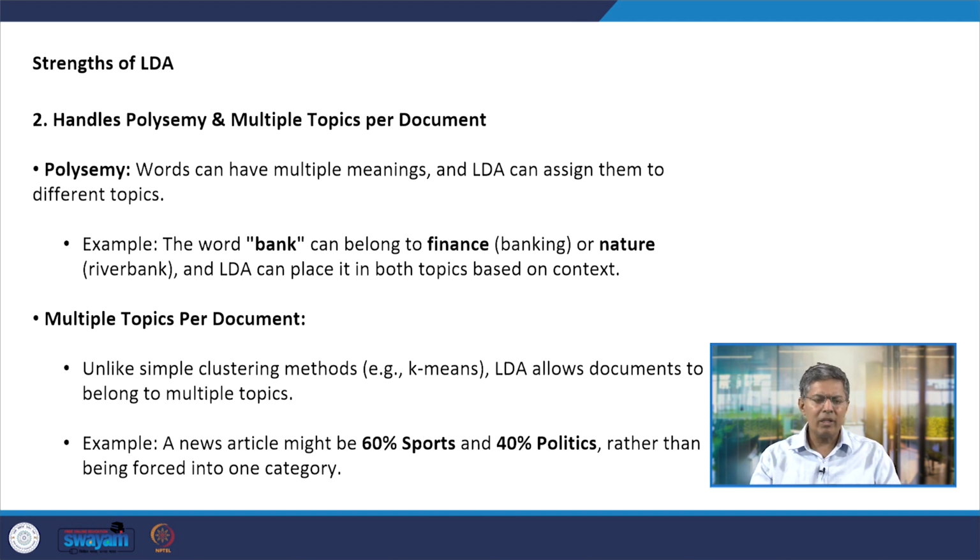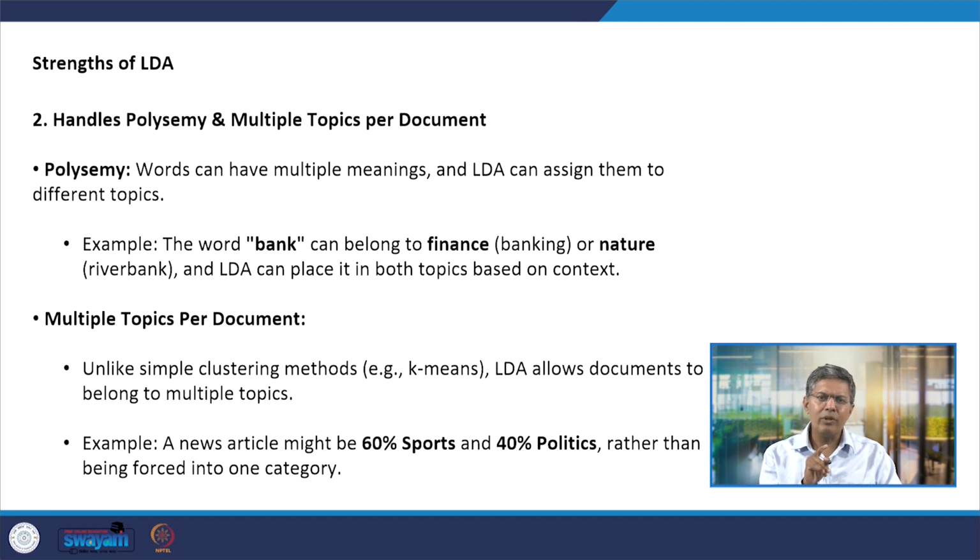Similarly, multiple topics per document. Unlike simple clustering methods like the K-means method, LDA allows the document to belong to multiple topics. So, in K-means what was happening? It was in one cluster only, right. So, according to that behavior, we were deciding what this cluster is all about.